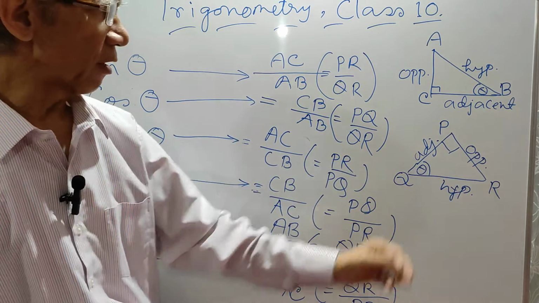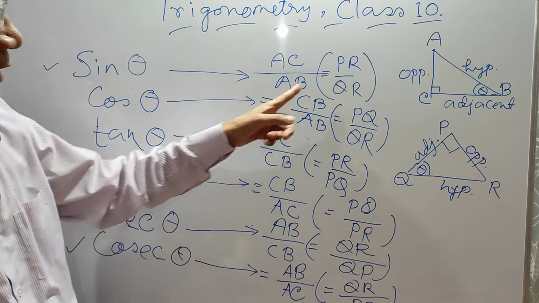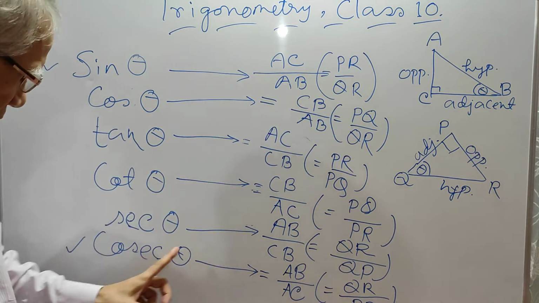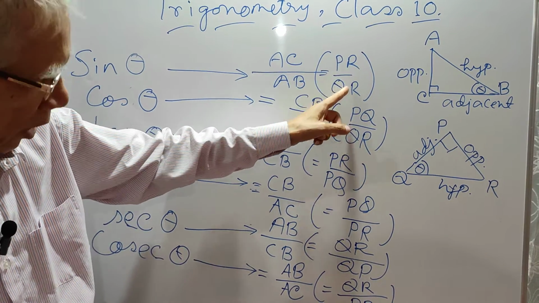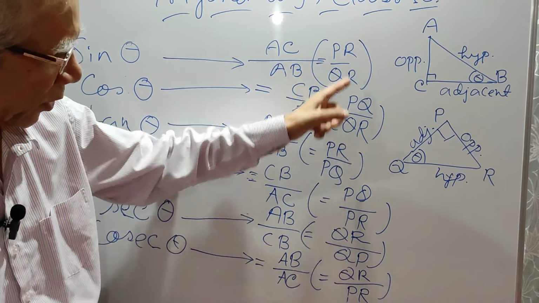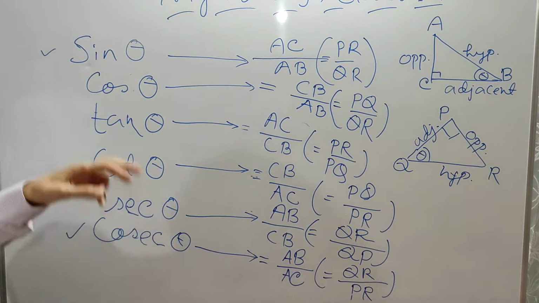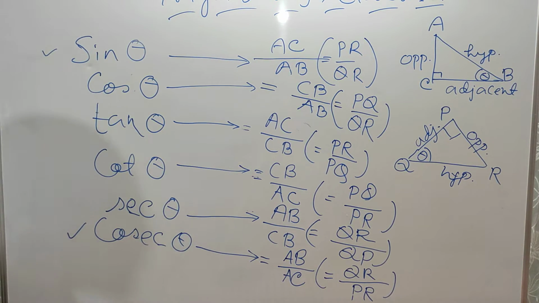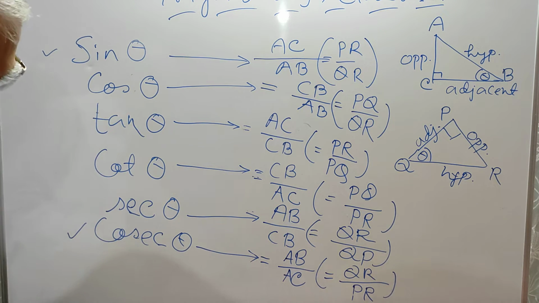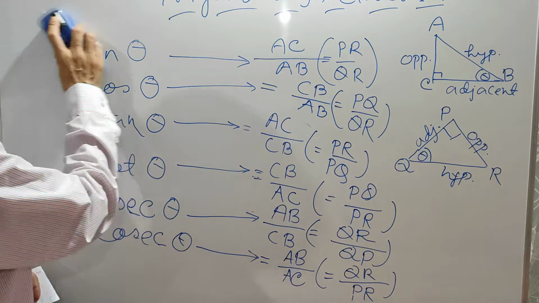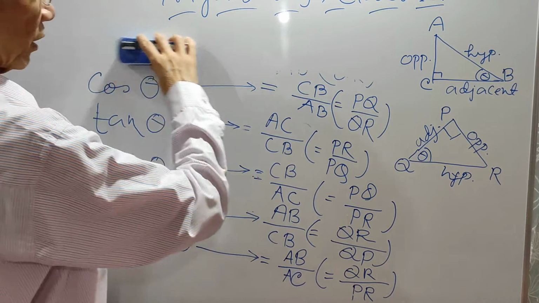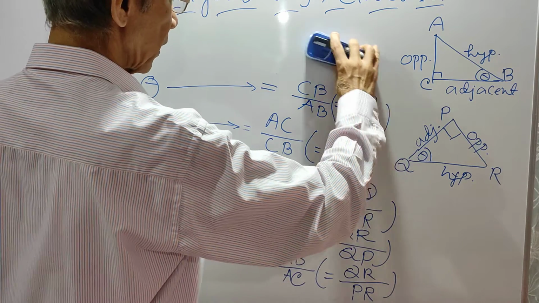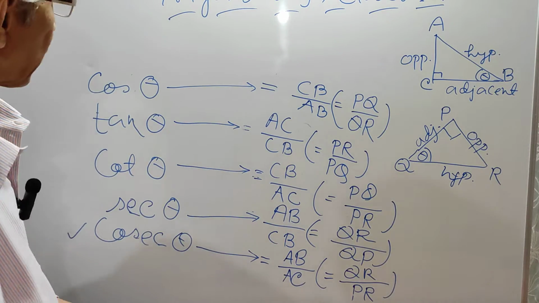In the other triangle also, sine theta is PR by QR, and cosec theta is QR by PR. They are reciprocal of each other. That means sine theta and cosec theta are reciprocal of each other. This is one important relation we get.